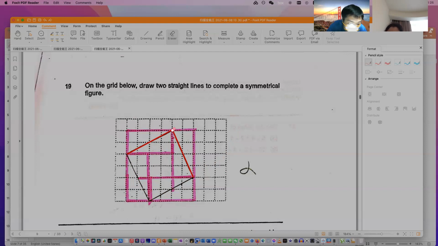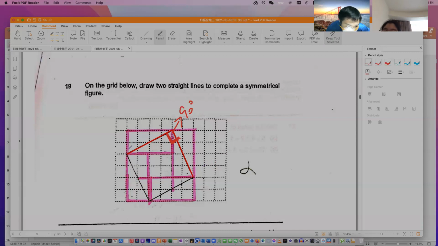Can you help me check on your paper? Is it close to 90 degree? Very close. Okay, good.